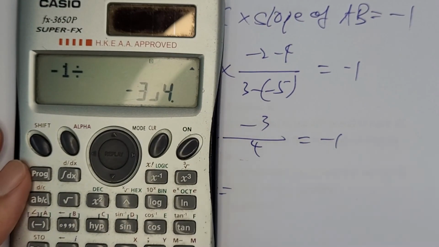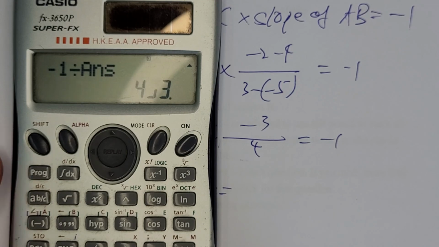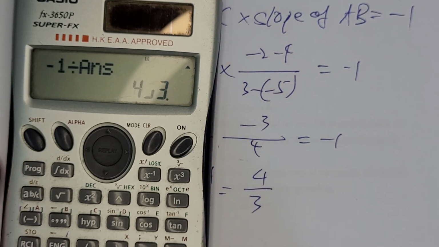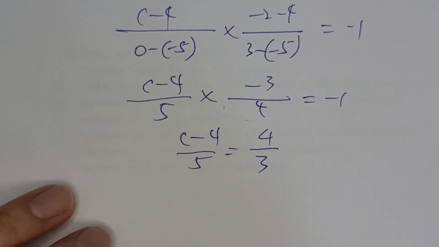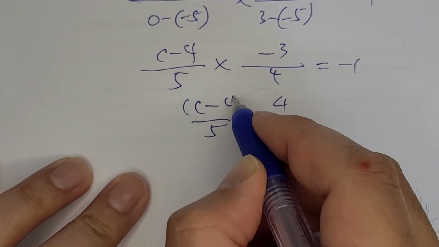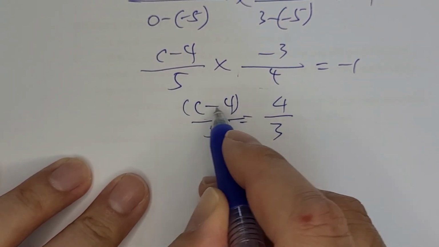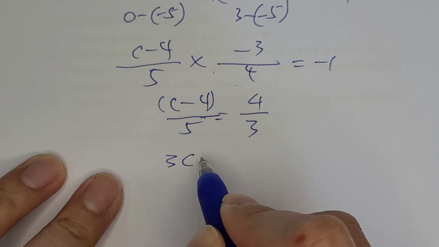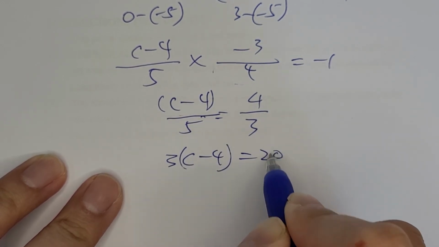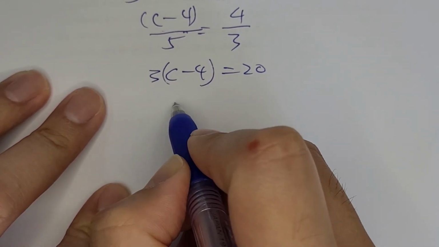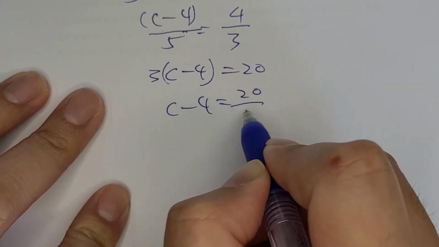So divided by this number, you will get the positive 4 over 3. Do it by calculator. And then do the cross multiplication, give the bracket to this, 3 bracket c minus 4 equals 20, c minus 4 equals 20 over 3.